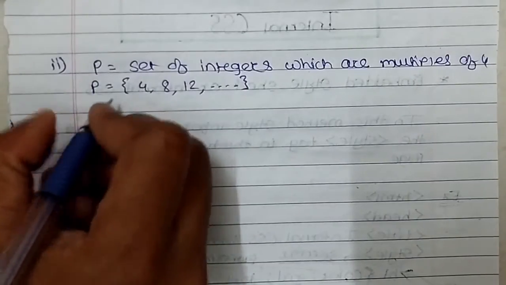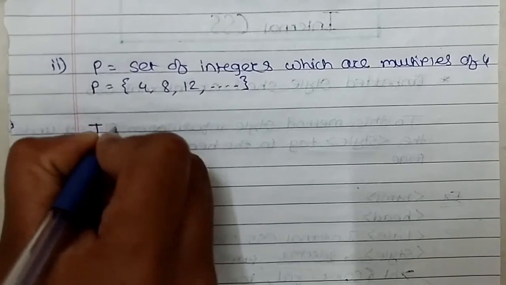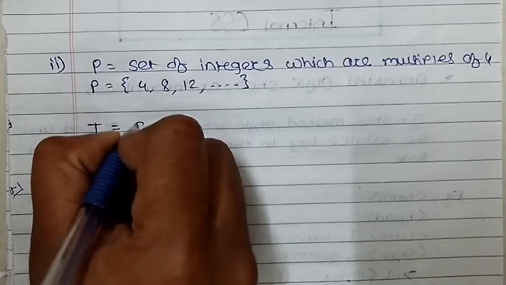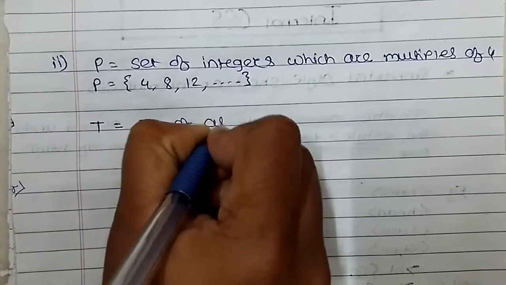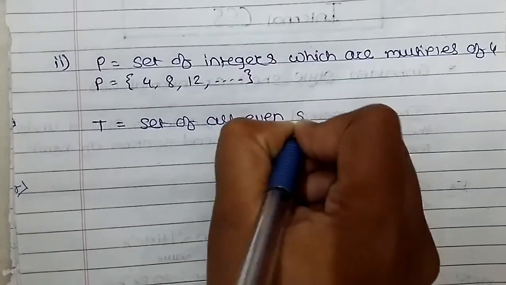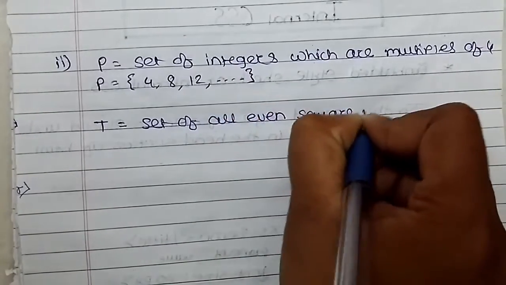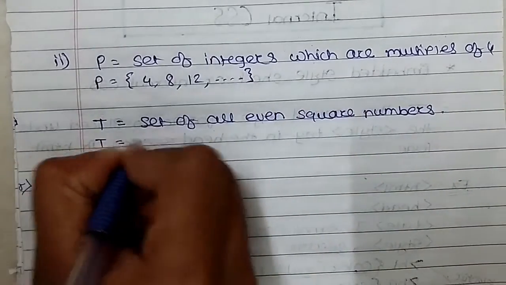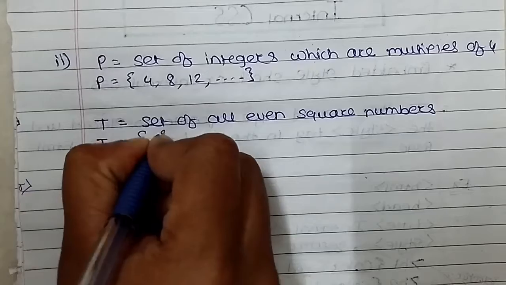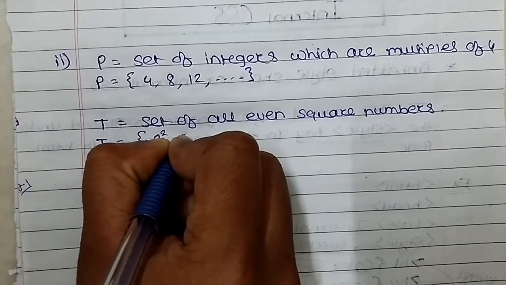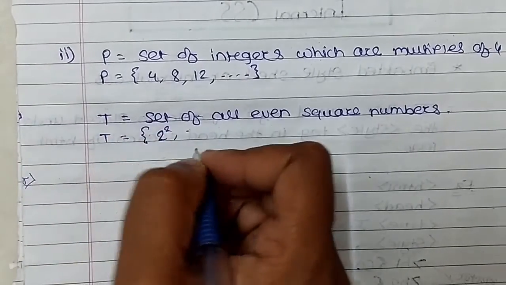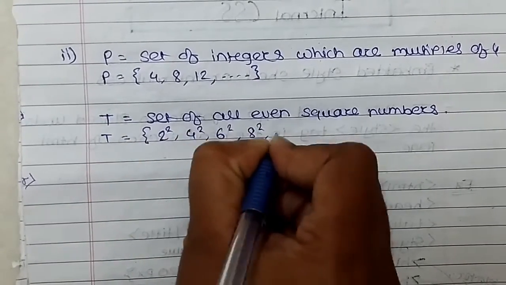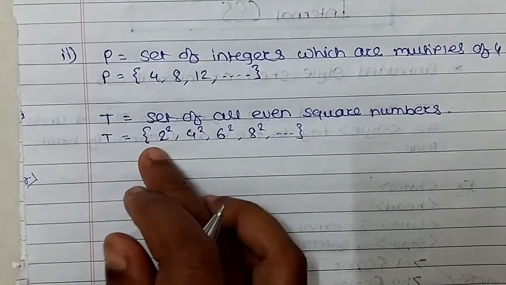Then the next set is T. T is the set of all even square numbers. So what is the T set here? That is 2 square, 4 square, 6 square, 8 square and so on. That means we can take only the squares of even numbers here.